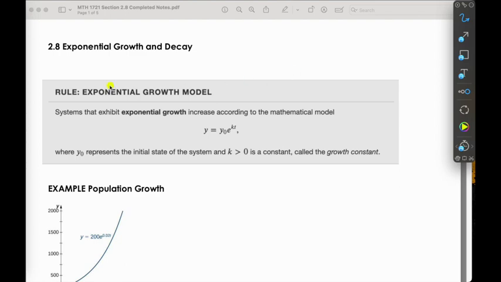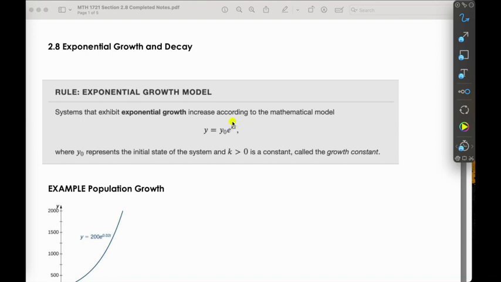So let's look at the exponential growth model. That's this equation here. We have y is equal to y naught. This y sub 0 is called y naught, and this will represent our initial value. And then we multiply that by e to the power of kt.